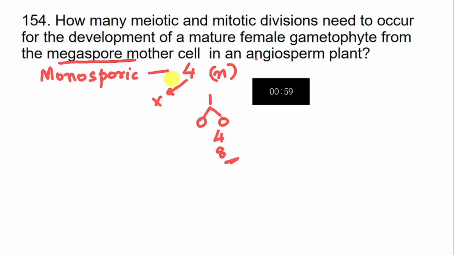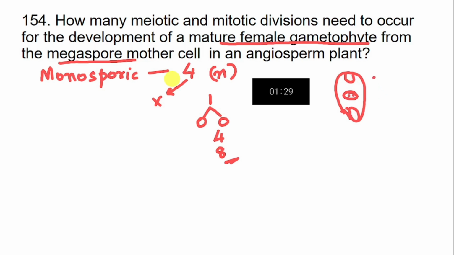Now, the mature female gametophyte is the embryo sac. It has a central cell which has polar nuclei, antipodals, and the egg apparatus. So in total there are 8 nuclei: 2 here, 3 cells here and 3 cells here.